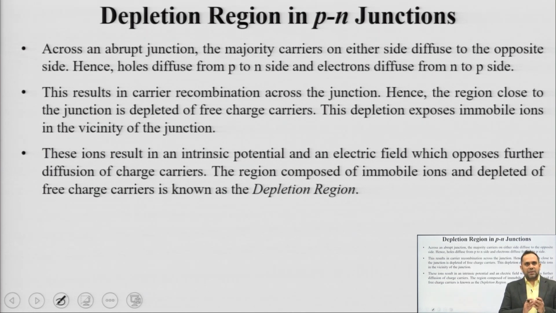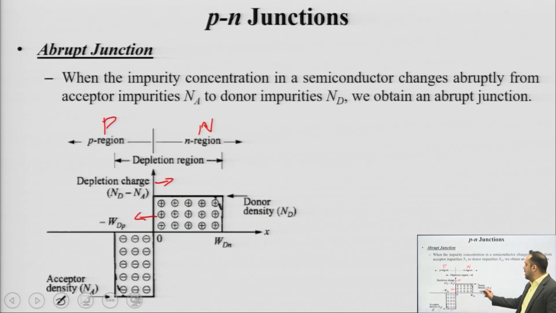What will happen is that the region very close to the junction on the p side will uncover or expose the acceptor ions on the p side. On the n side, this will uncover donor ions.